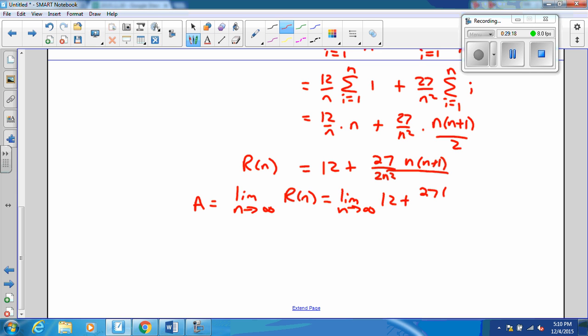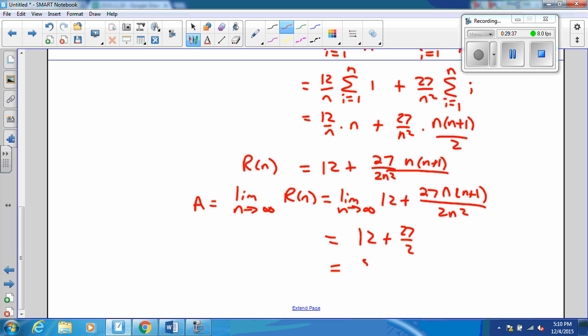The easy part now is to get the area as the limit as n goes to infinity of Rn, which is the limit as n goes to infinity of 12 plus 27 times n plus 1 all over 2n squared.